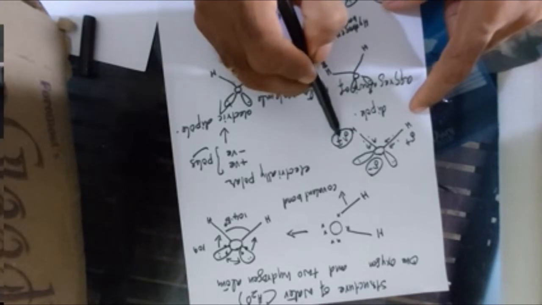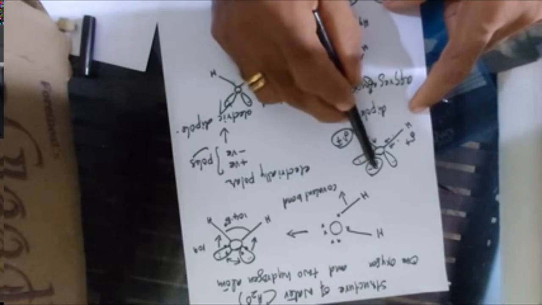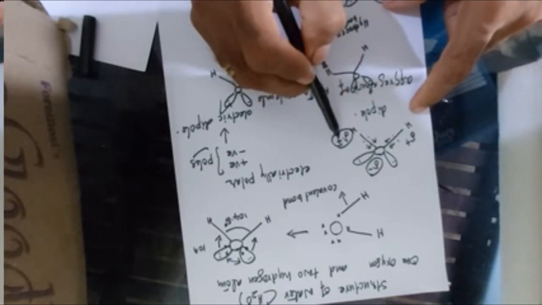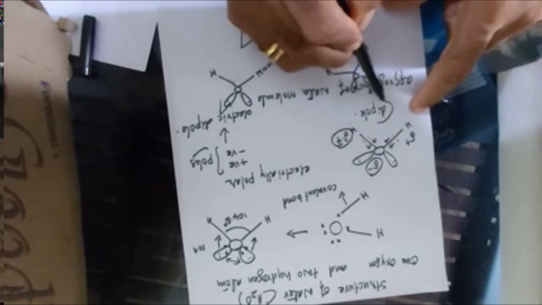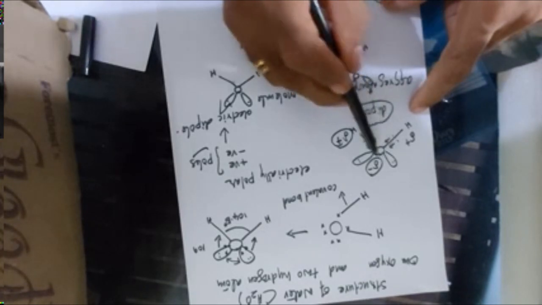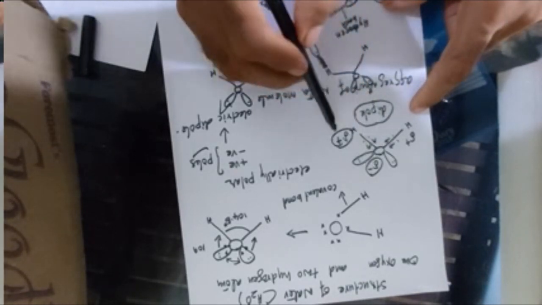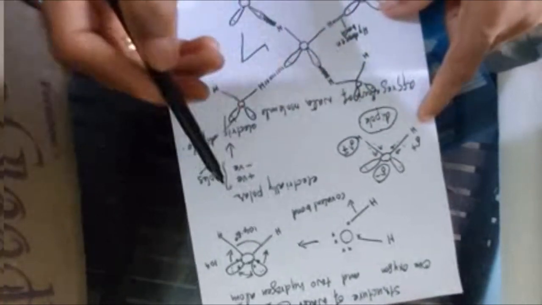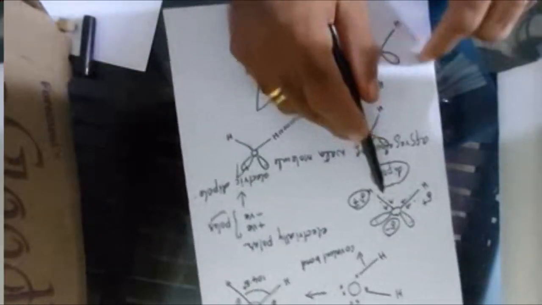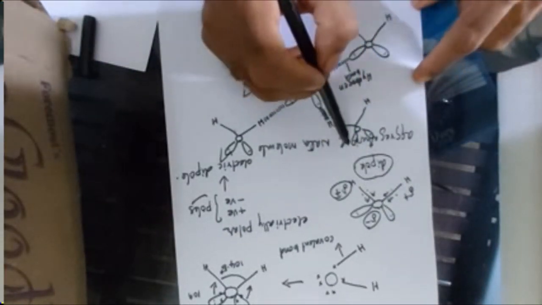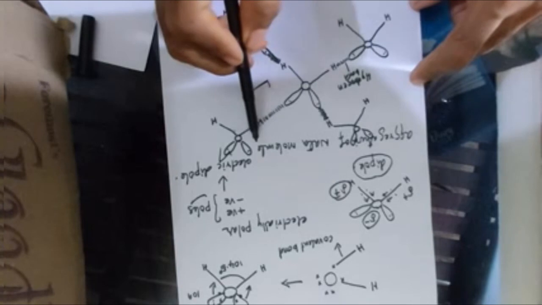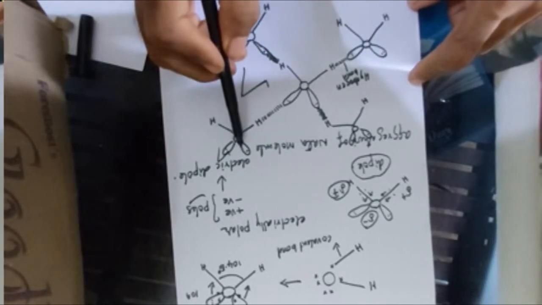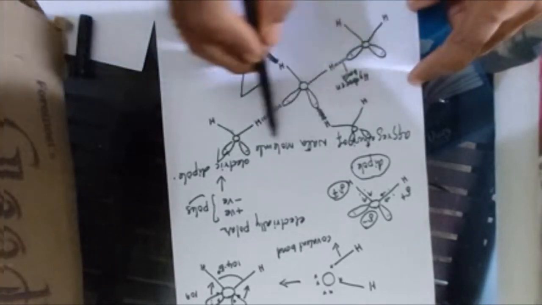If a molecule has both a negative and a positive charge, this condition is called a dipole, meaning there are two poles, an electronegative pole and an electropositive pole. So this is the structure of a single molecule.